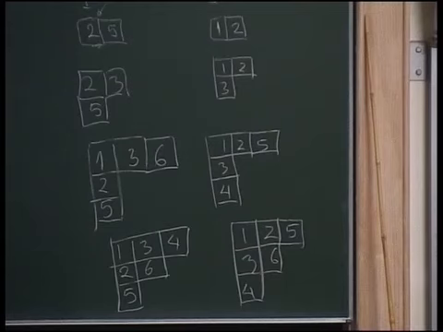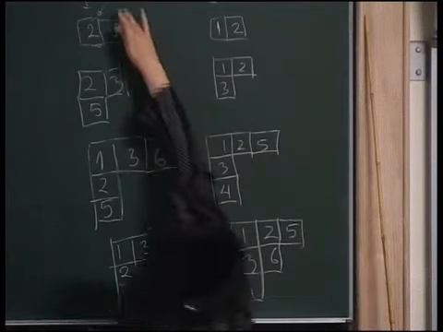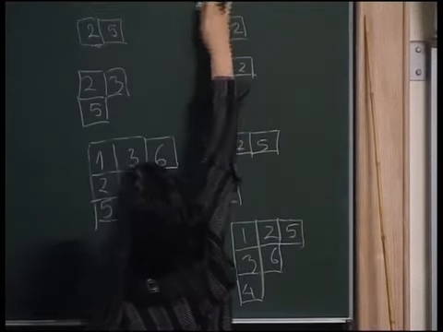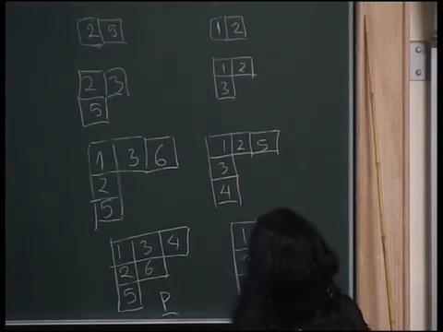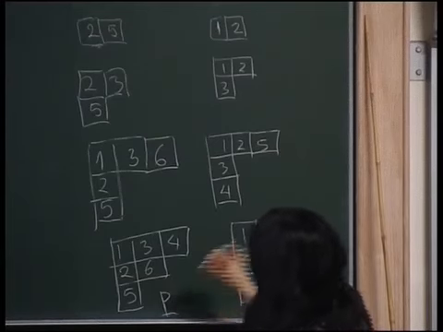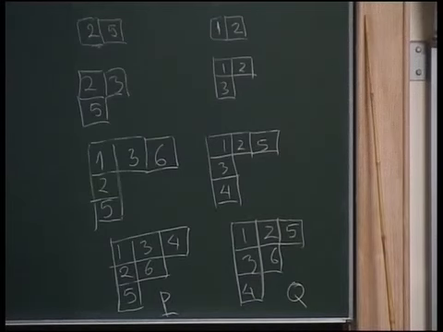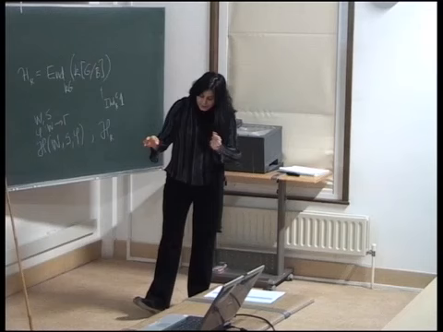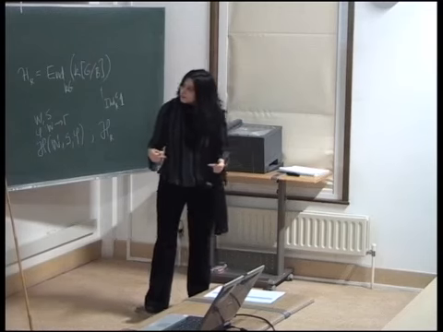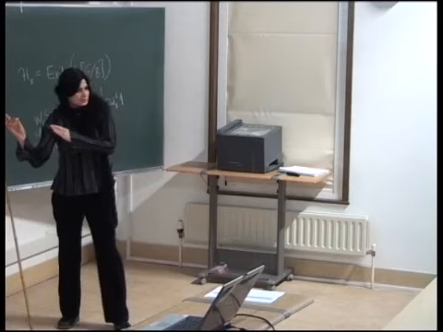Yeah. So give them a name, call this first one P, and the other one Q, whatever. So once more, the first tableau is obtained by this insertion procedure, and the second one by keeping track.